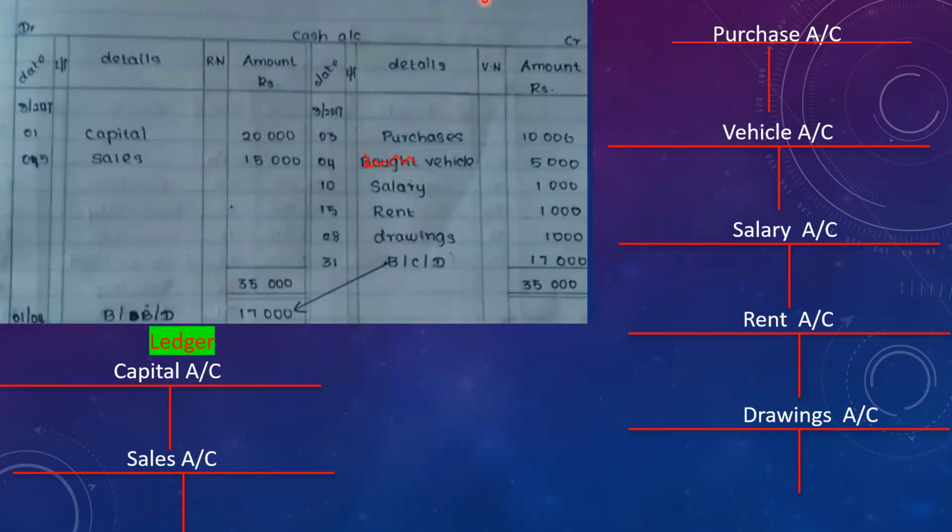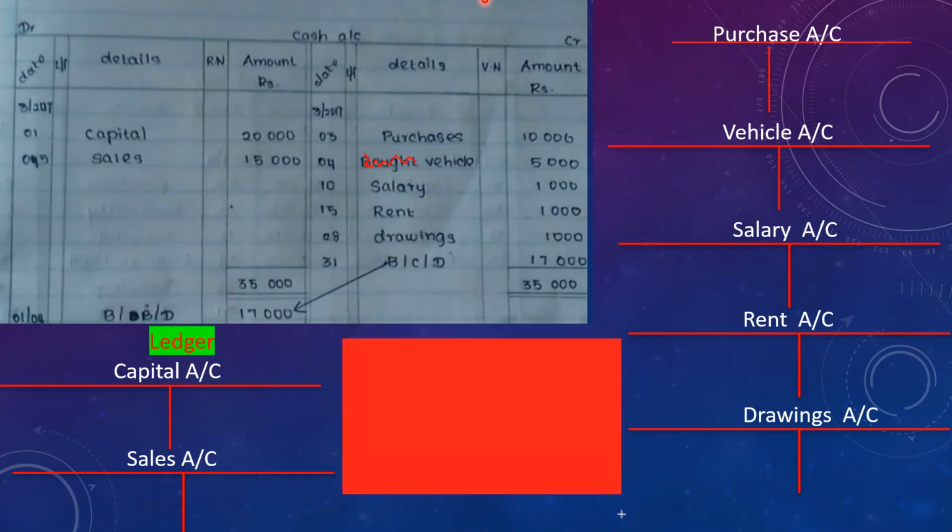I'm going to show you now. Listen everyone carefully. Since it is a presentation, I have shown you a small ledger. Suppose this is your page, how are we going to draw the ledgers?